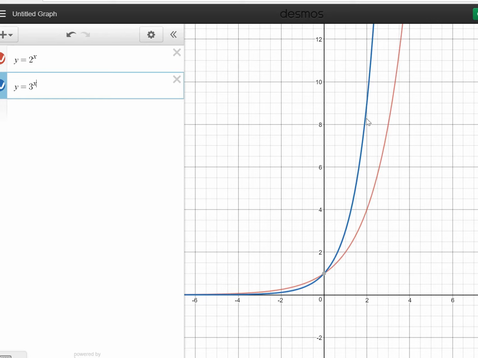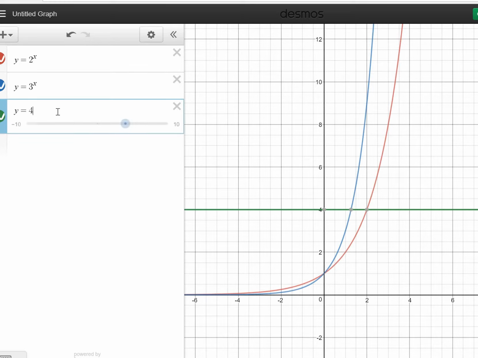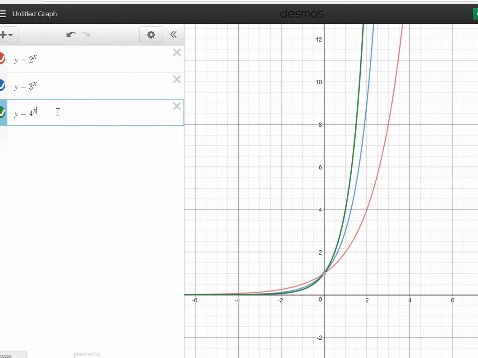And so 3 squared is 9. So I get this point here at (3, 9), as compared to 2 squared, which is 4. So as we increase the base, our curve gets steeper.